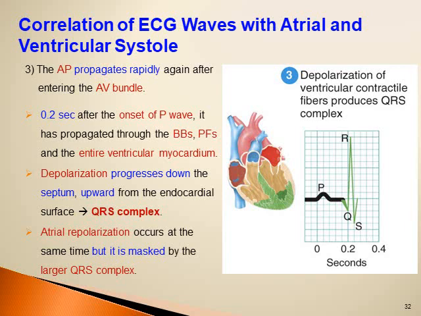Because the QRS is large due to the thicker walls of both ventricles. So atrial repolarization usually is not seen on an ECG because it is buried inside the QRS, which has a large amplitude due to the thick wall of the ventricles.